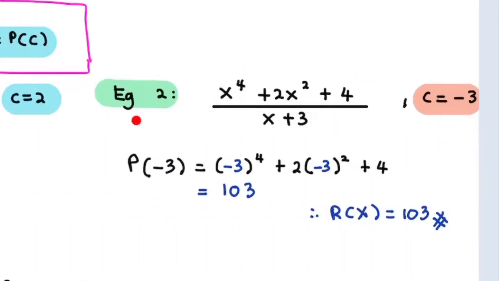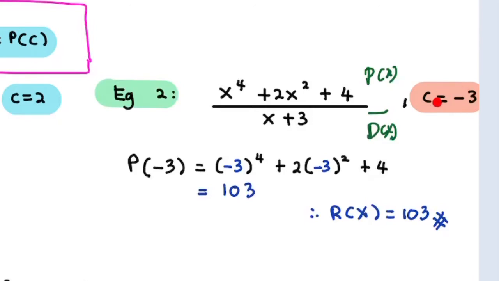Now let's see example 2. We have x to the power of 4 plus 2x squared plus 4 over x plus 3. This is your polynomial and this is your divisor. It is very important for us to recognize this is your p(x) over d(x). First of all, let's find our c. When we find our c, it is equal to minus 3, because x plus 3 is equal to 0, then x is equal to minus 3.